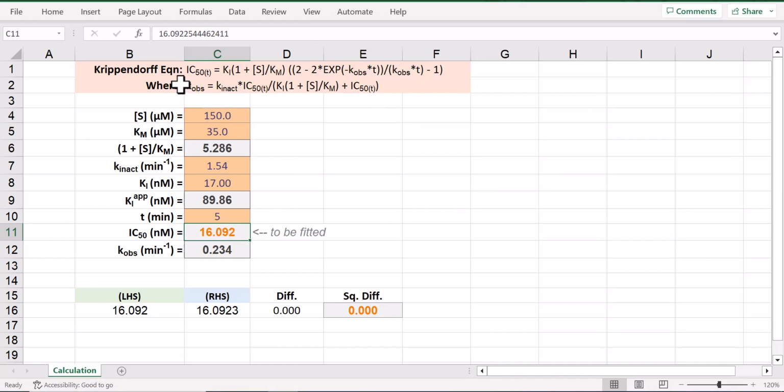Now, if you take the limits of the Krippendorff equation, you can show that as the assay time approaches 0, IC50 approaches Ki apparent. And you can show this numerically as well.